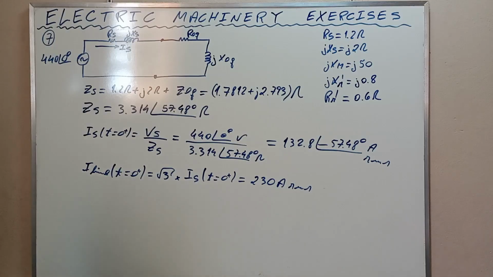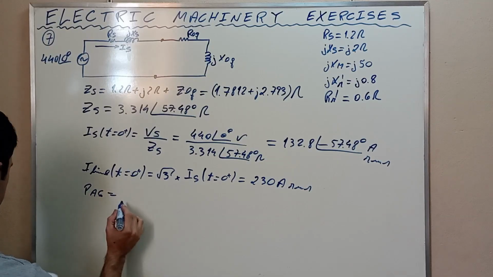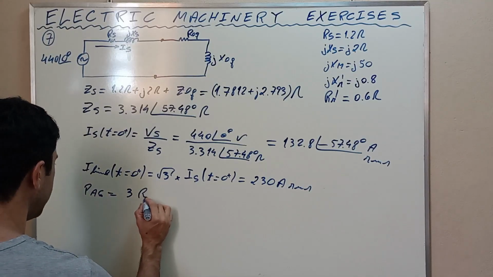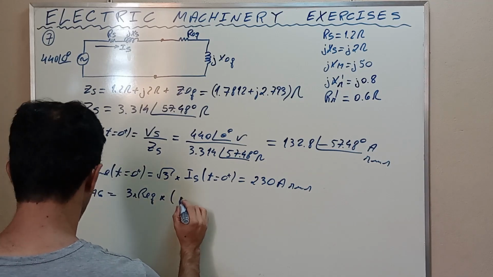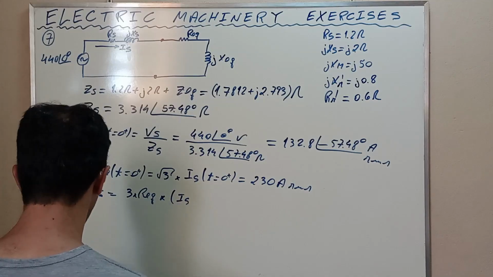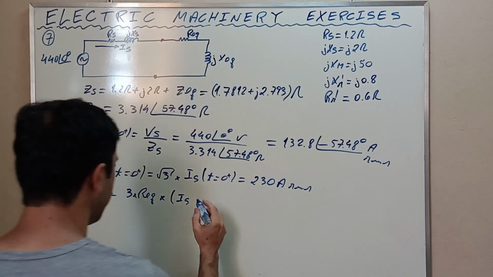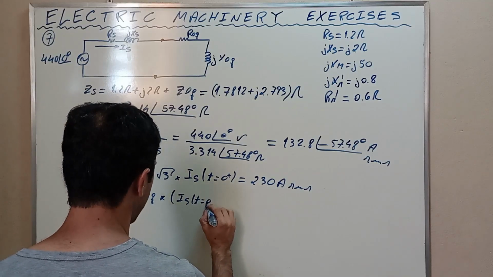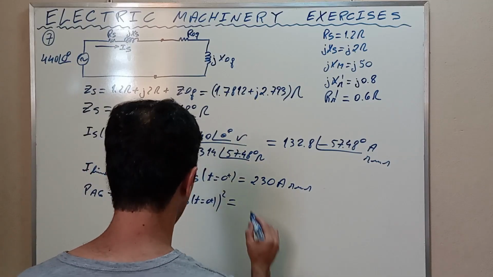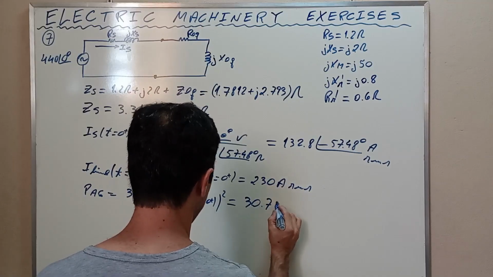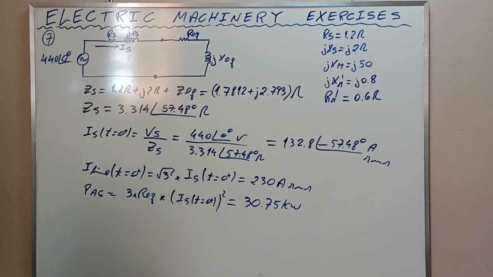The power at the air gap, PAG, is equal to 3 times the equivalent resistance times the phase current at starting condition, squared, and this is equal to 30.75 kilowatts. This is the power at the air gap.